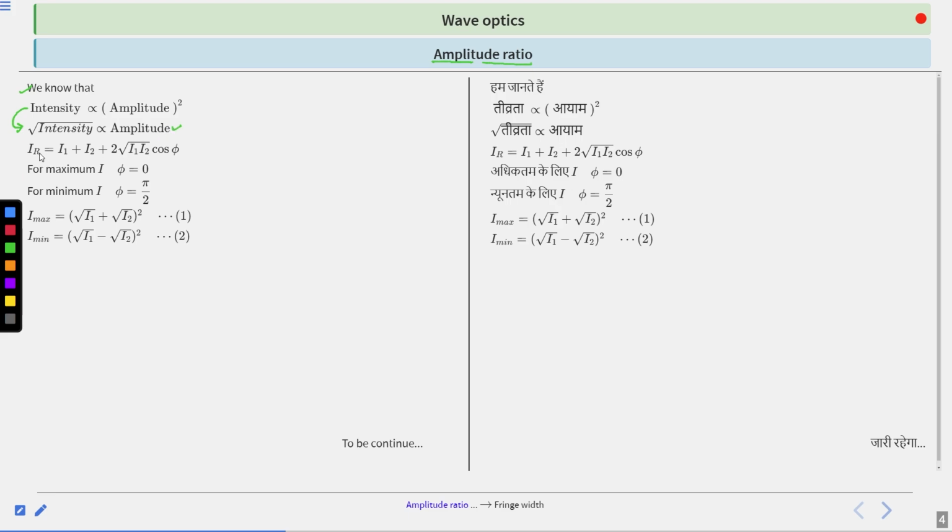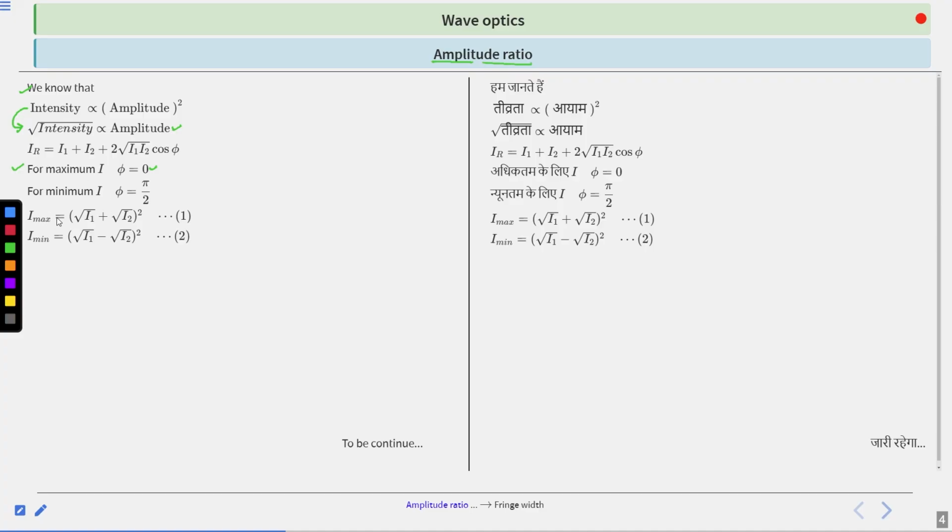The formula for the resultant intensity is IR equals I1 plus I2 plus 2 root of I1 I2 cos phi, where phi is the phase difference. There are two conditions: for the maximum intensity, phi equals 0, and for the minimum intensity, phi equals pi.